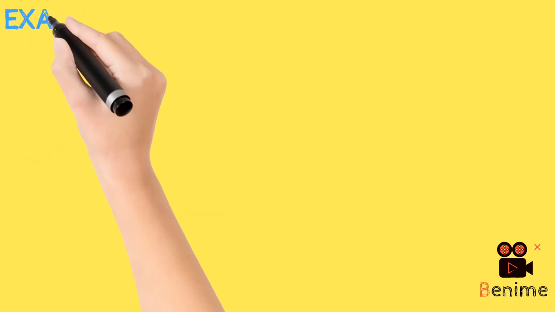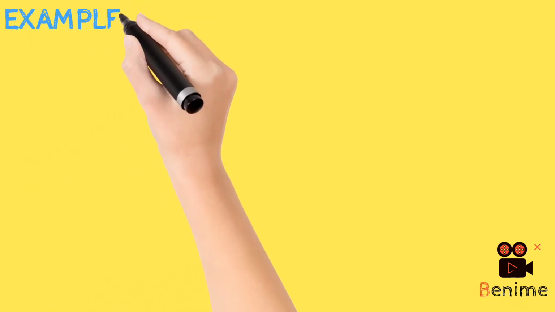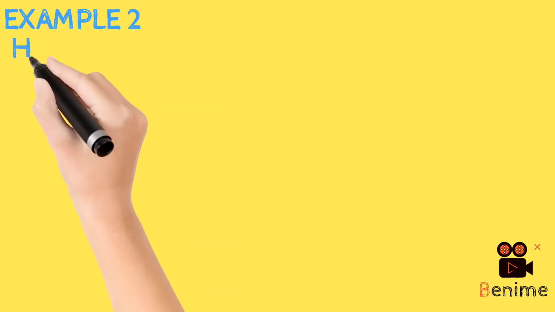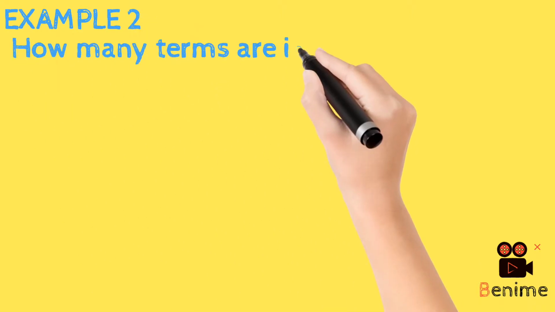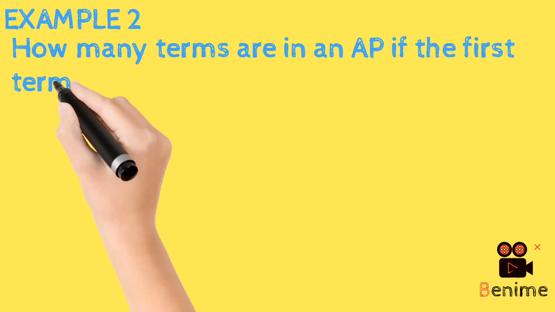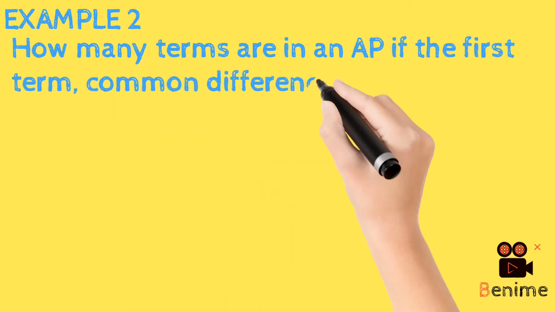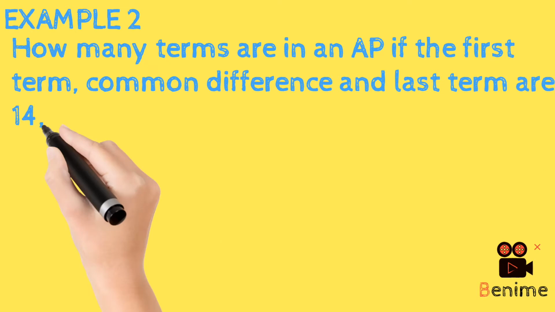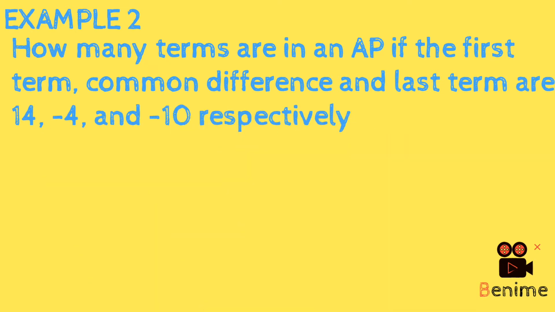So let's take another example. Example 2. How many terms are in an AP if the first term, common difference, and last term are 14, minus 4, and minus 10?